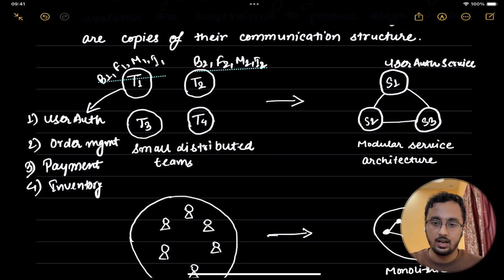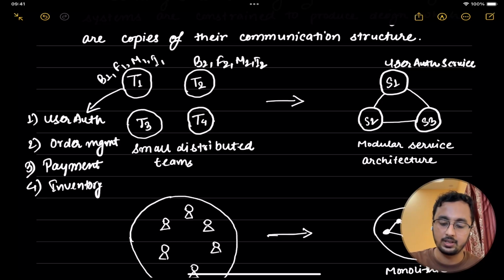One single backend engineer might be shared between two teams. So it can happen based on the organization's strength and requirements. But for the sake of example, I'm distributing all of the engineers into individual teams. Similarly, T3 will have B3, F3, M3, and I3, like an engineer split.